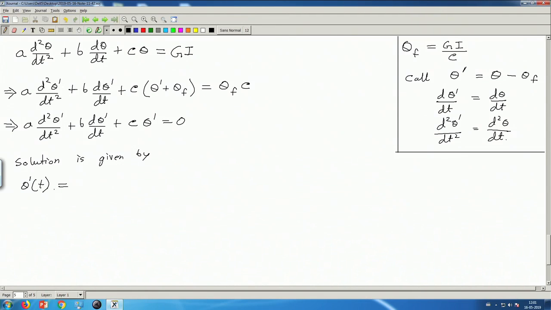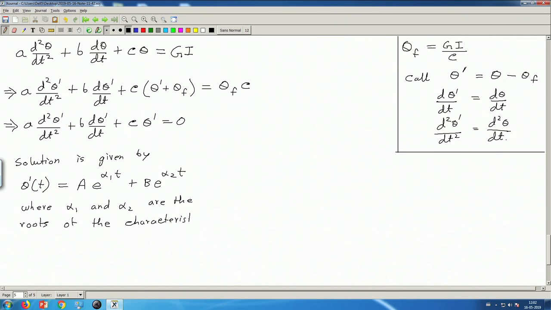So, this will be equal to some constant a times e to the power alpha 1 t plus b e to the power alpha 2 t, where alpha 1 and alpha 2 are the roots of the characteristic equation, call it a m square plus b m plus c equal to 0.